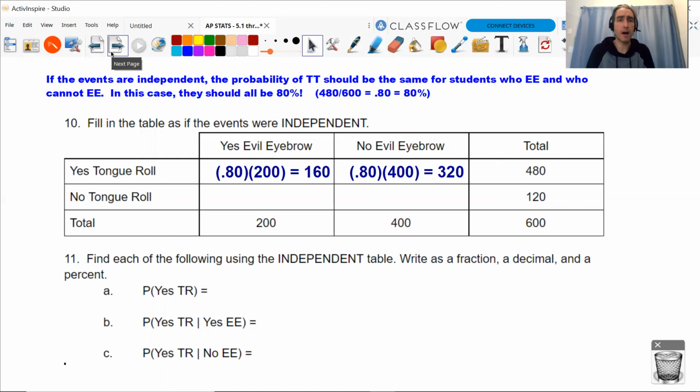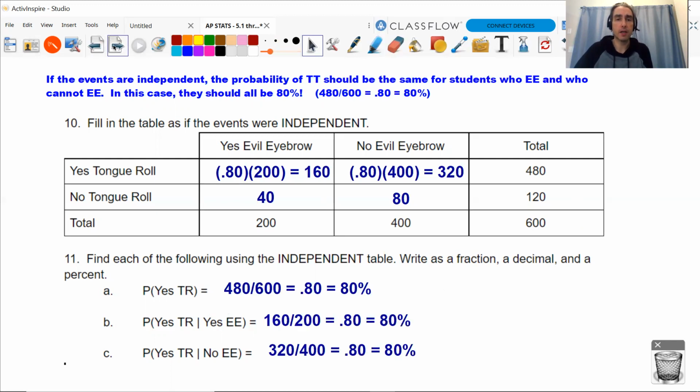So you can do some quick math, and that's going to give you 160 for yes tongue roll and evil eyebrow. And for yes tongue roll, no evil eyebrow, that should be 80% of 400, so it should be 320. Which means that if you do some subtraction, this should give you 40 and this should give you 80. So now let's find some probabilities. The probability of yes tongue roll, well, we got that before: 480 out of 600, that's 80%.